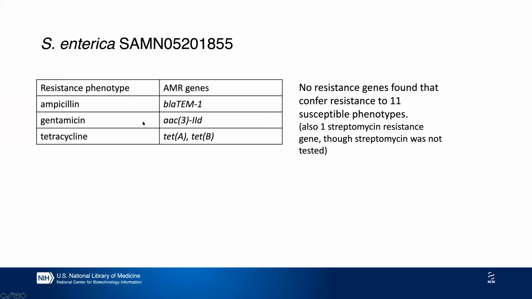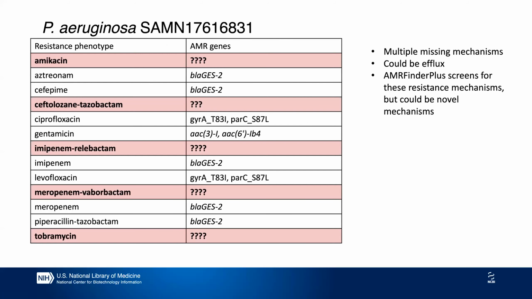That's expected. A gentamicin resistance gene, and these common tetracycline resistance genes. And we didn't find any additional resistance elements or genes, so there was no discordance there. We also found a streptomycin resistance gene, but that wasn't tested. So this is a good example. Like I said, Salmonella is easy.